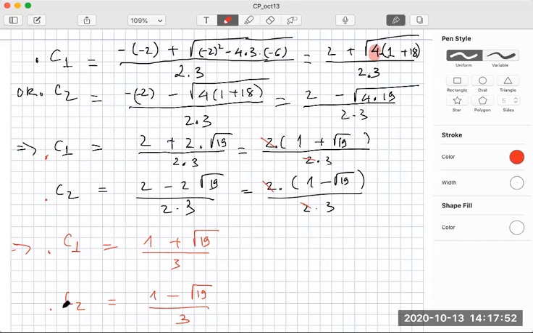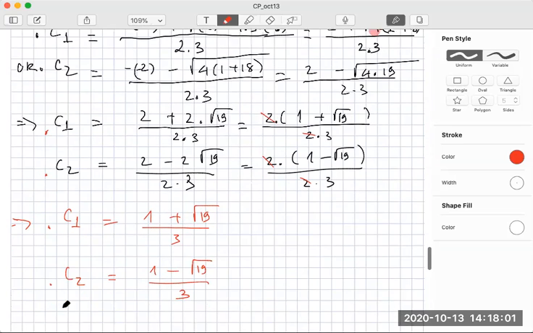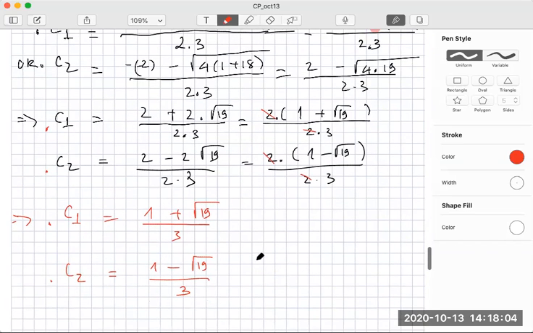Then we found two numbers, is it right? No, we cannot accept both, right? Very good. And here, 16, square root of 16 is 4. Therefore, square root of 19 is bigger than 4. So negative square root of 19 plus 1 will be a negative number. Therefore, this number is smaller than 0. So we cannot take this one, right?